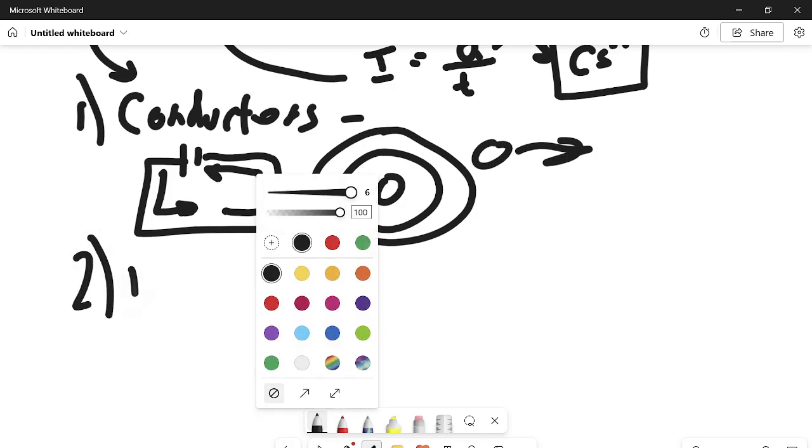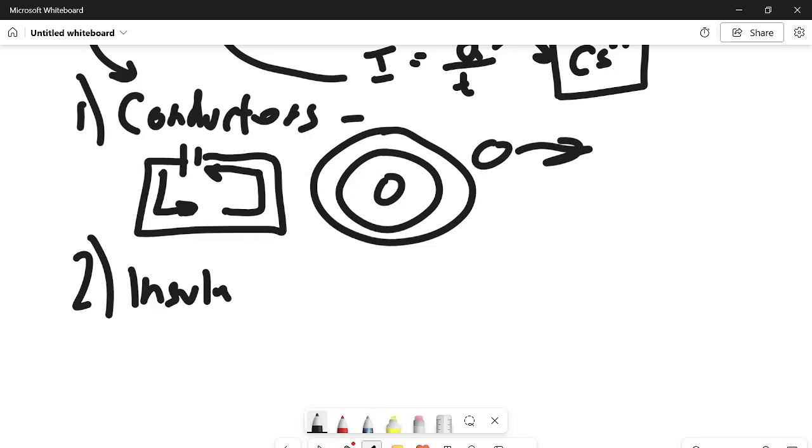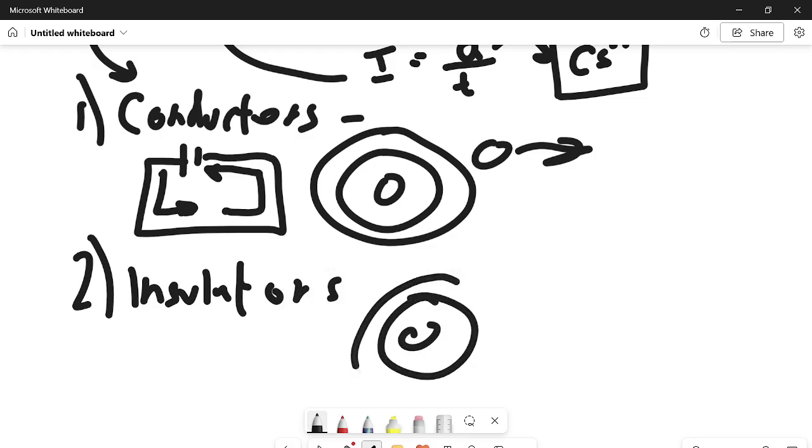The second material are insulators, which are the opposite of conductors. They have no free electrons, and the main reason for that is that normally the electrons, even on the very furthest shell, are quite close.